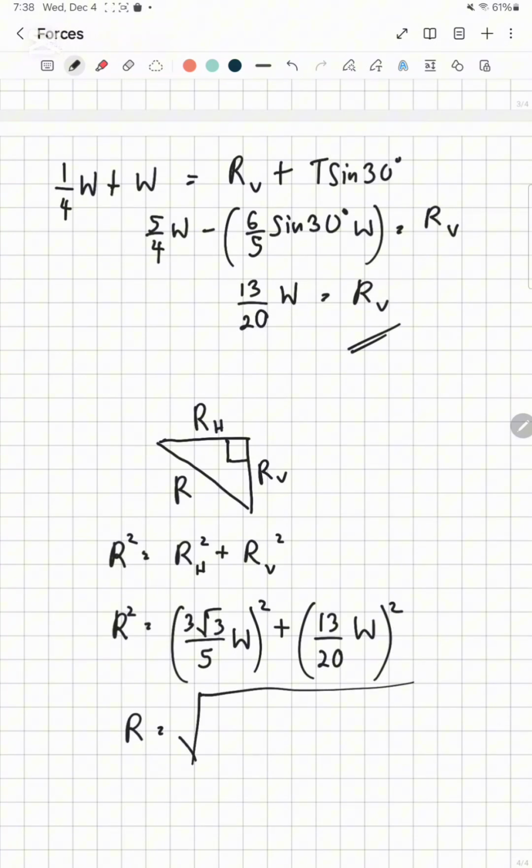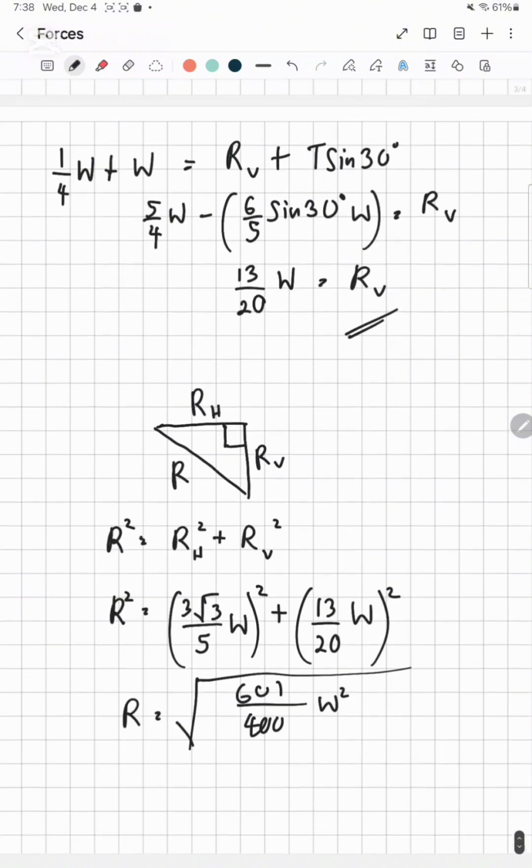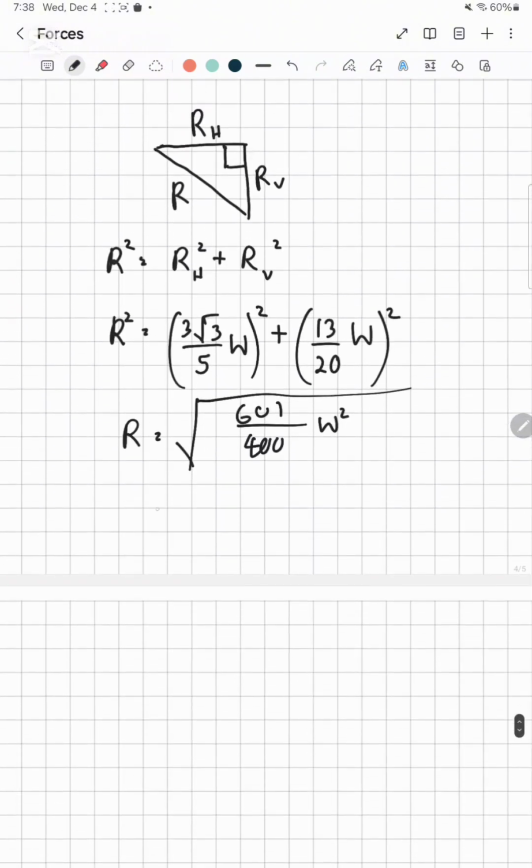You can just put these in your calculator. This gives you 601 over 400 W squared. So your final answer, R equals square root 601 over 20 W.